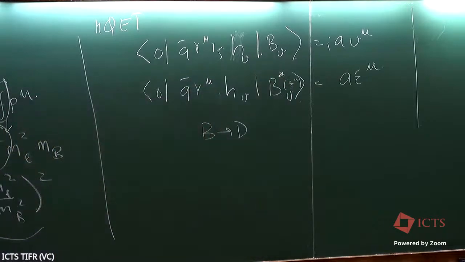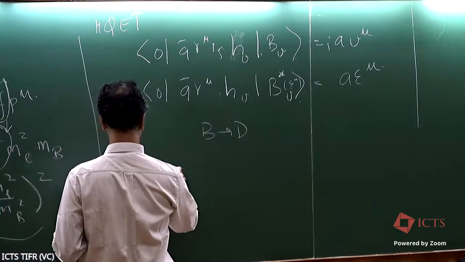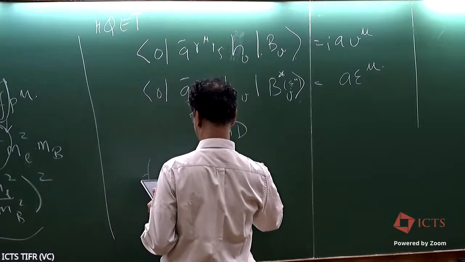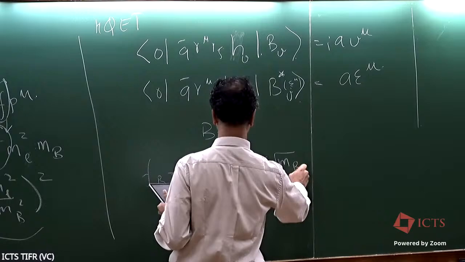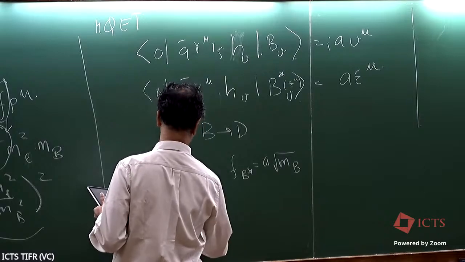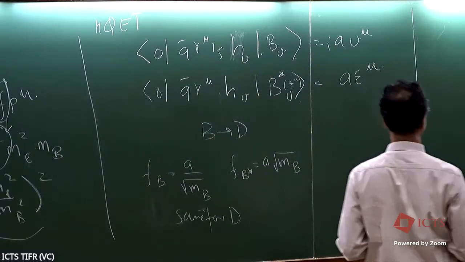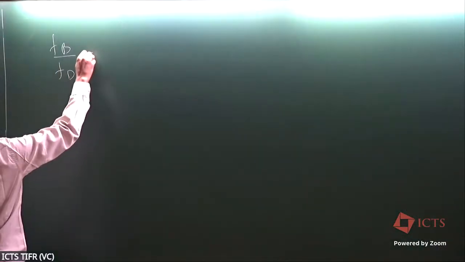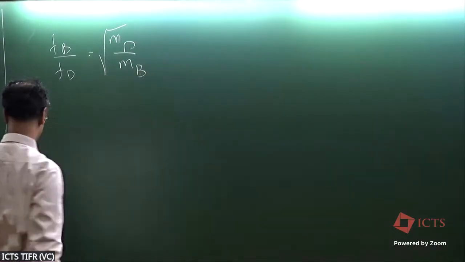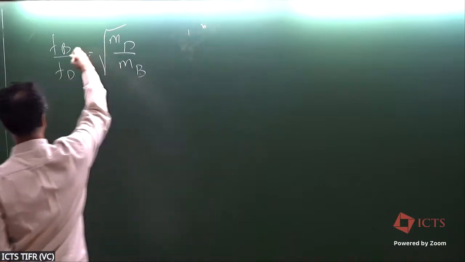So the relation that we get is f of p is a by root mp, and same for D. So in fact, there is a nice relation that you can get, which is fB over fD equals root mD over mB. And for FB star, it is the inverse relation.